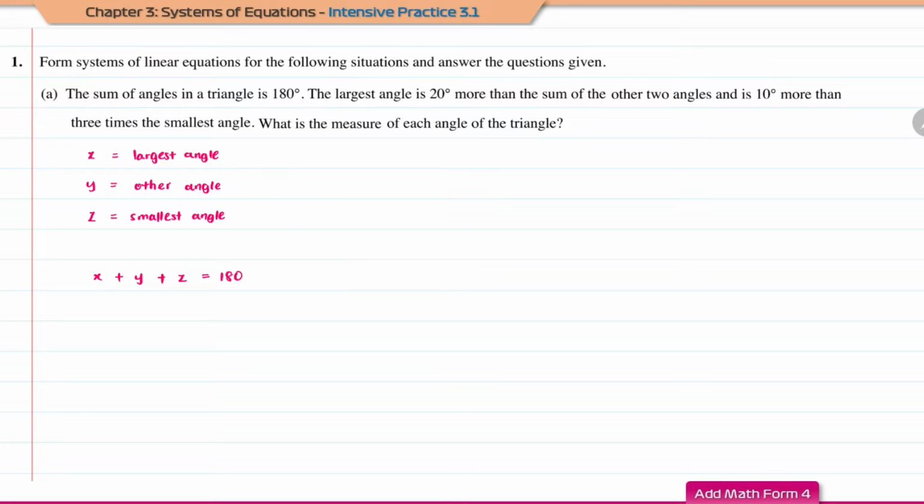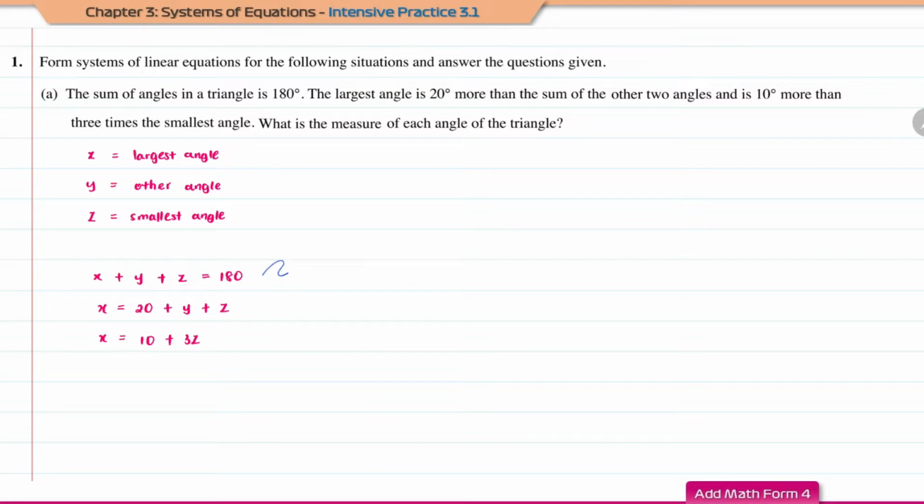The next one is the largest angle, which is X, is 20 degrees more than the sum of the other two angles, so X equals 20 plus Y plus Z. The next one still refers to the largest angle X, 10 degrees more than 3 times the smallest angle, so X equals 10 plus 3Z, the smallest angle. Therefore I have the equations already.